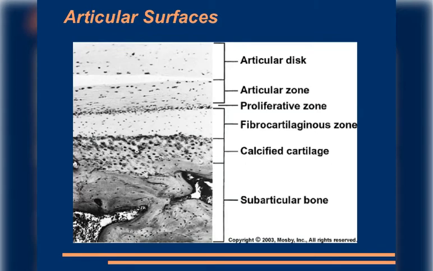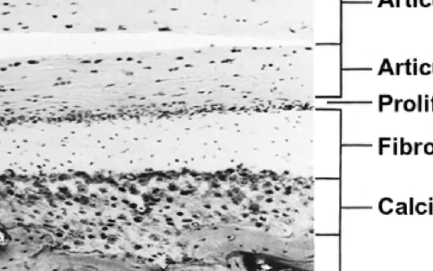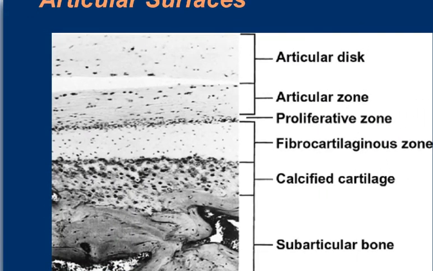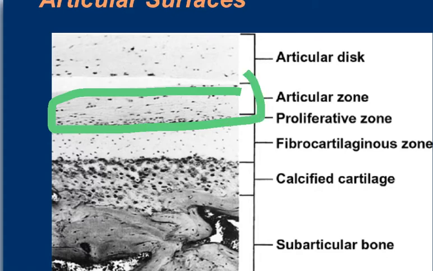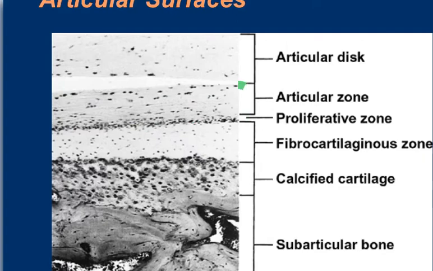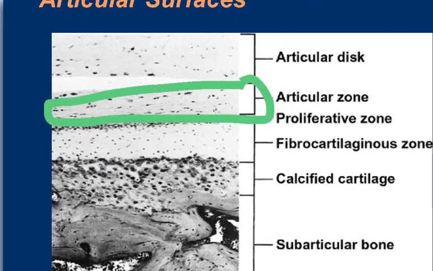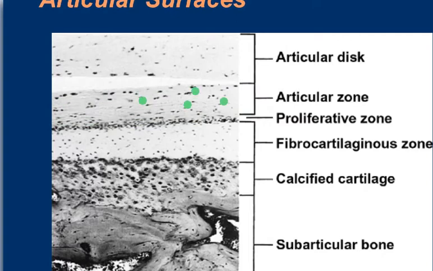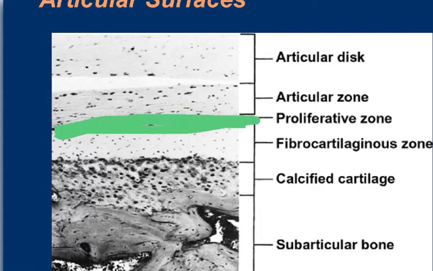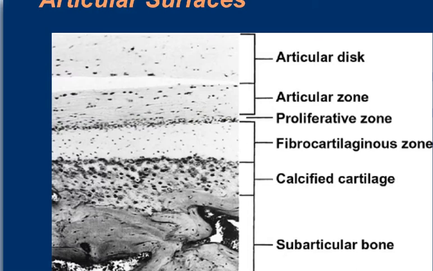Here is a histological section of the articular surface of the condyle. See, the first layer is the articular zone or the fibrous zone. It's collagen fibers plus few fibroblasts, not many. We have the cellular zone, the proliferative zone, which is highly cellular, where proliferation and cell division take place.